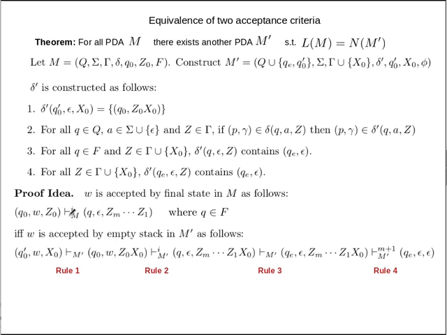The intermediate IDs will be the same except for the fact that the rightmost symbol is X0 throughout. So if you can reach here, you can reach here.